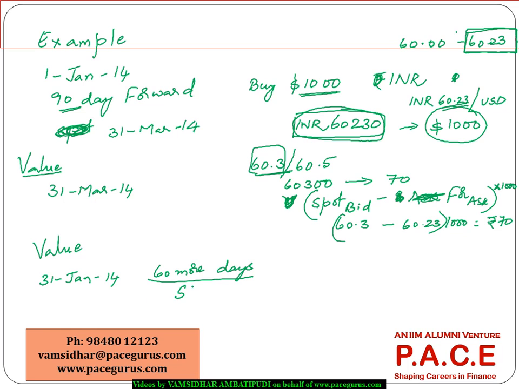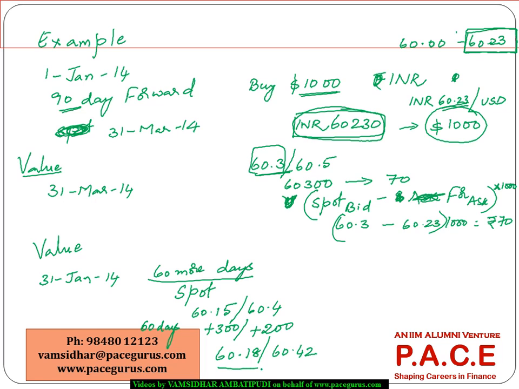Let's say on that 31st Jan, I have seen the quotations as 60.15/60.4, and when I am looking at the 60-day forward, because 60 more days are available, let's say it is available at plus 300 plus 200. It means actually 300 by 10,000. So basically it is available at 60.18/60.42.